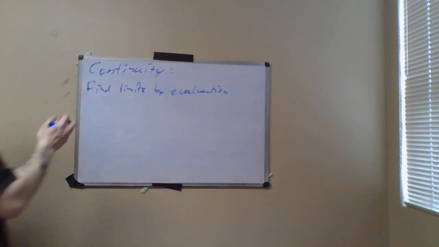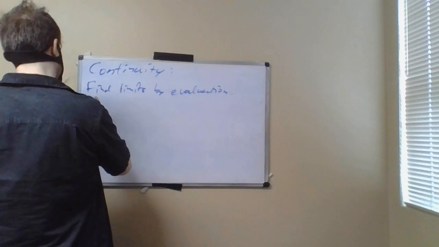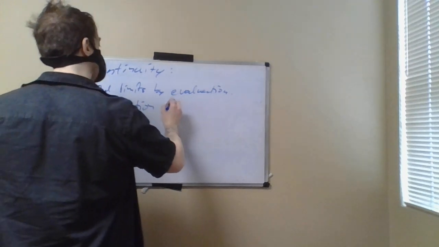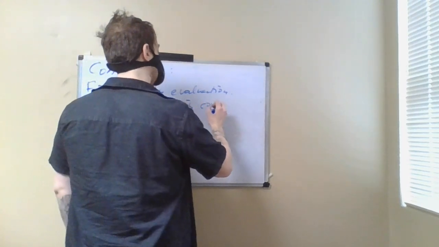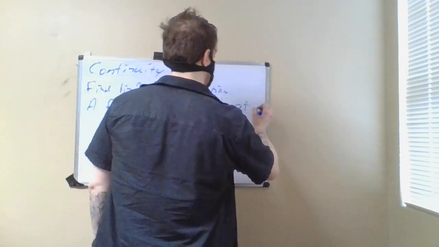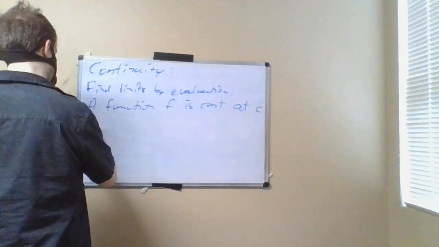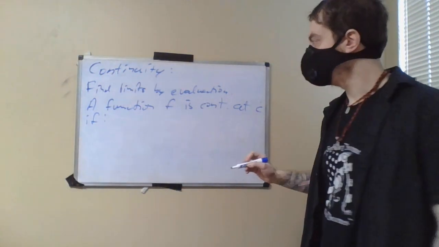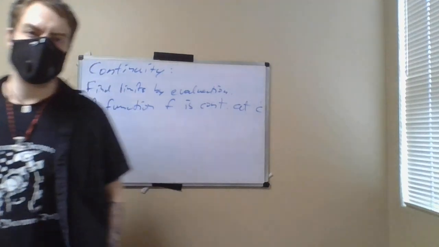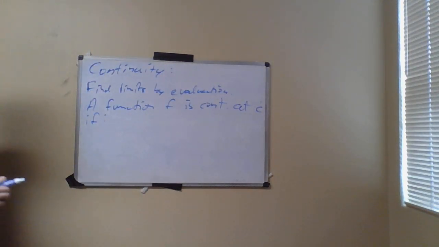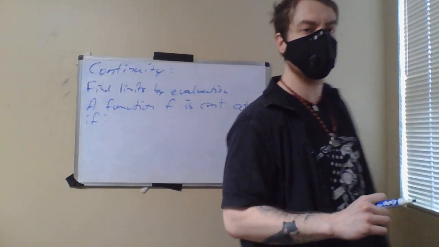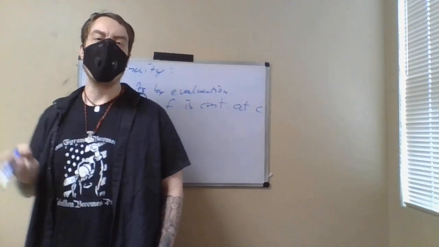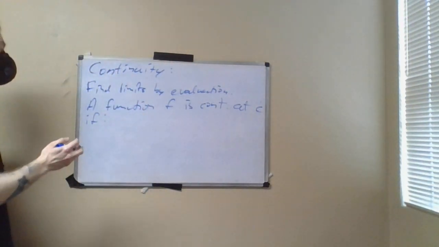So what we are going to say is a function f is continuous at c if the following three conditions hold. Now, technically, the third condition implies the first two, but we'll state them explicitly just to make sure that it's clear. And then I'll say why the third one implies the first two.